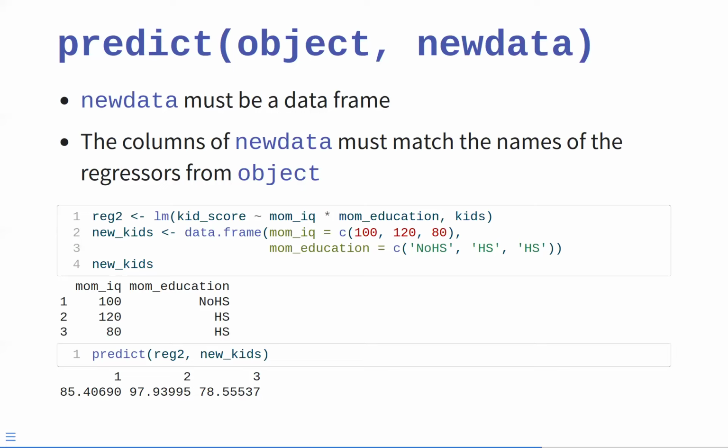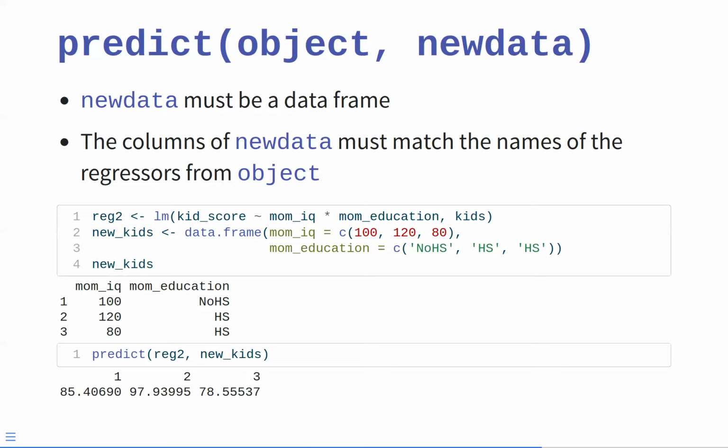And I'm going to set up a named column mom_iq, where I'll put in three values, 100, 120, and 80. And then mom_education, which has values no HS, HS, and HS, in keeping with the example that we've been working on. So you can see this new_kids data frame. It has two columns, and their names are exactly as they should be.